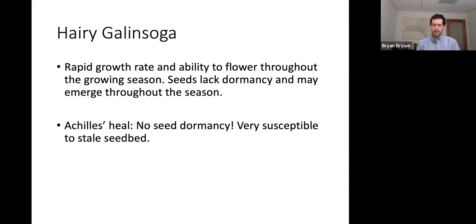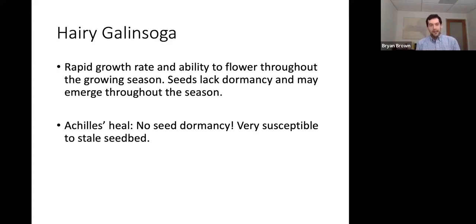So those seeds that it makes and drops down to the ground in July might germinate immediately and get more plants. So it can kind of compound itself over the course of the season. And if it's uncontrolled, it just keeps setting seed and you get more seed emerging.